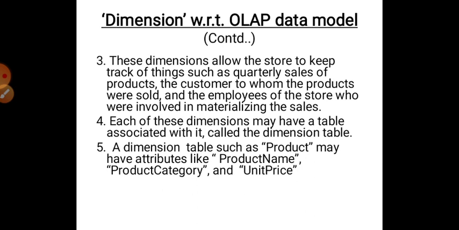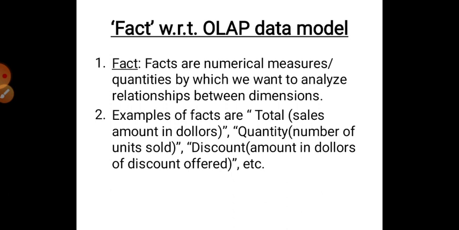Point number 4. Each of these dimensions may have a table associated with it called the dimension table. Point number 5. A dimension table such as product may have attributes like product name, product category, and unit price. Fact, the meaning of fact, with the OLAP data model.